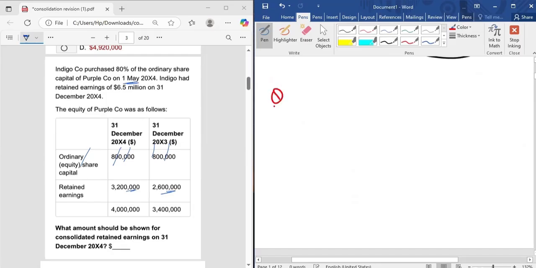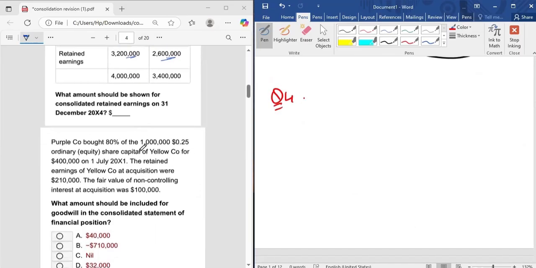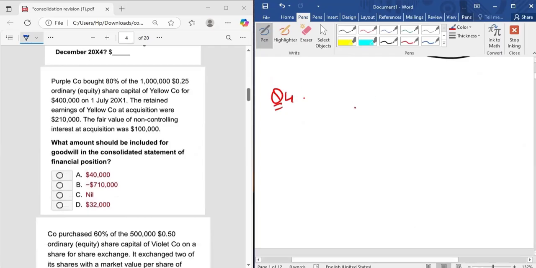Question number 4. Purple company purchased 80% of 1,000,000 ordinary share capital of Yellow company. So here Purple company is our parent company and it has purchased Yellow company. Now this Yellow company had 1 million shares and each share had a value of $0.25.